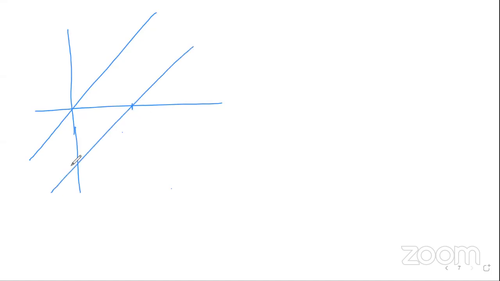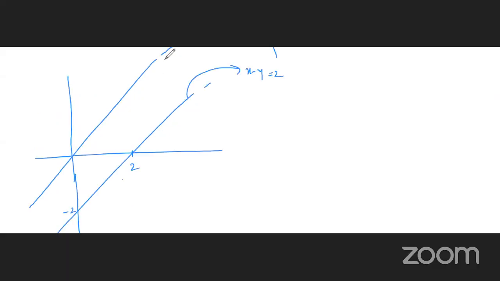Can we revisit the question, please? This is 2, this is minus 2. Yeah, this line is x minus y equal to 2. Let's say this is our 5, x is equal to y.